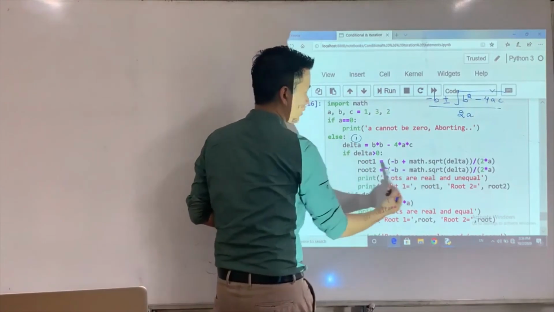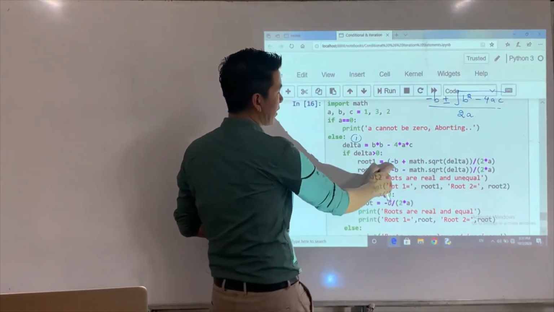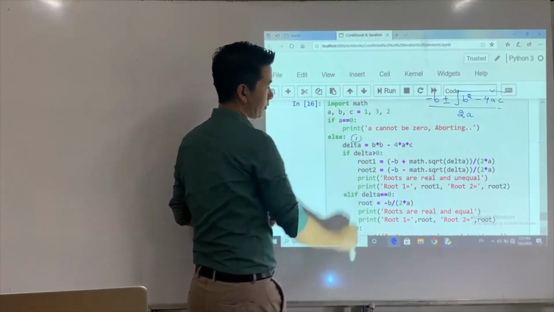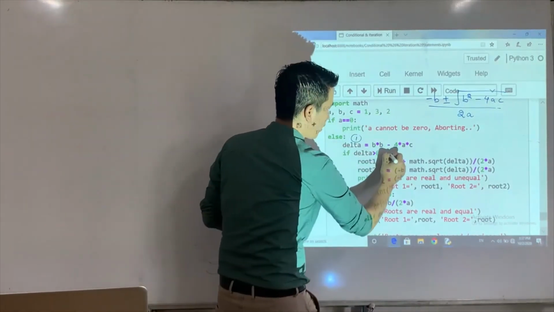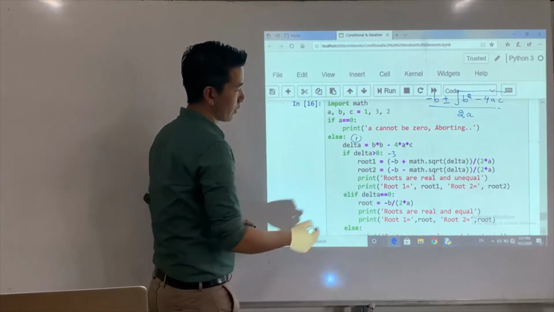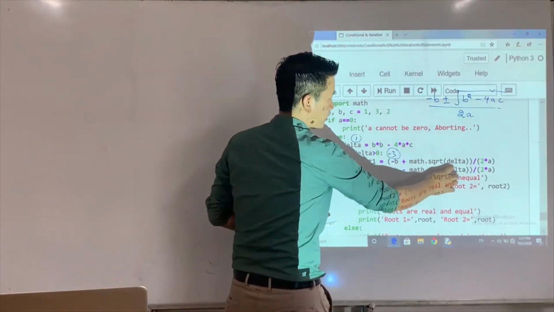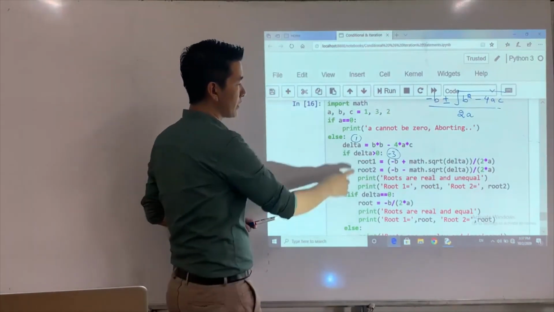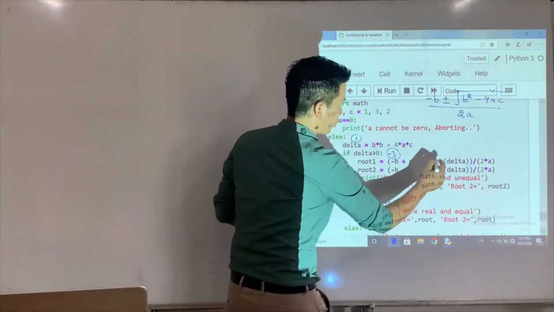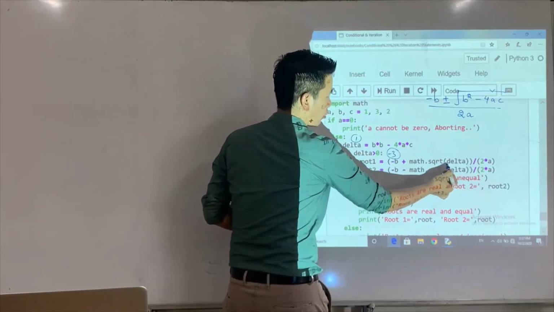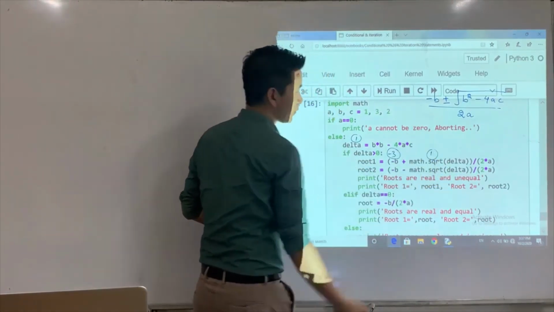Now we'll calculate the first root value. Minus b, the value of b is how much? It's 3. Okay, so you have minus 3 here, and then plus math dot square root of delta. The value of delta is 1, square root of 1 is 1, right?